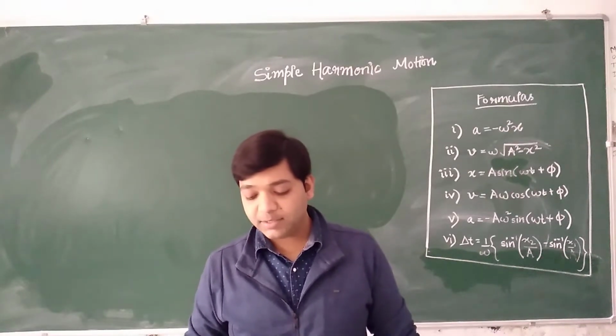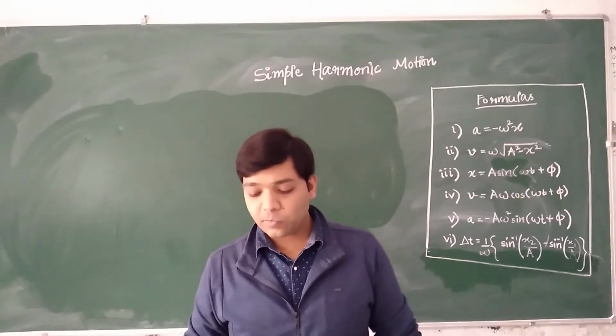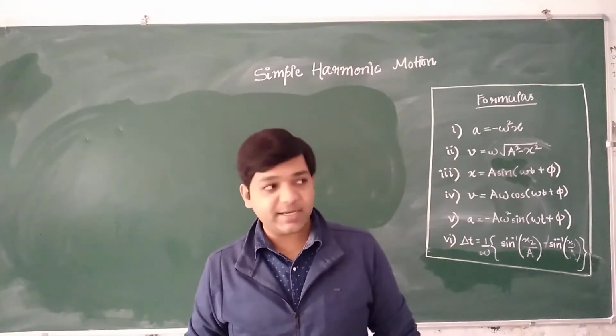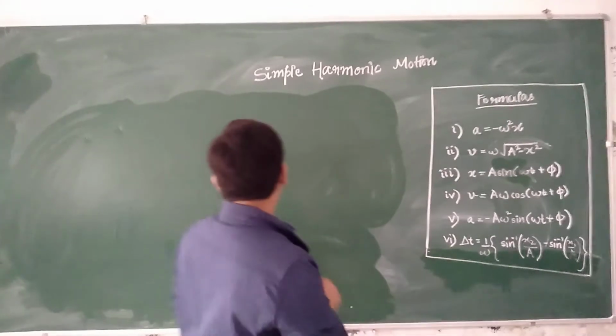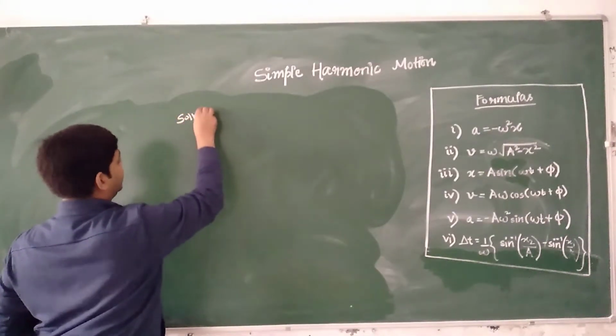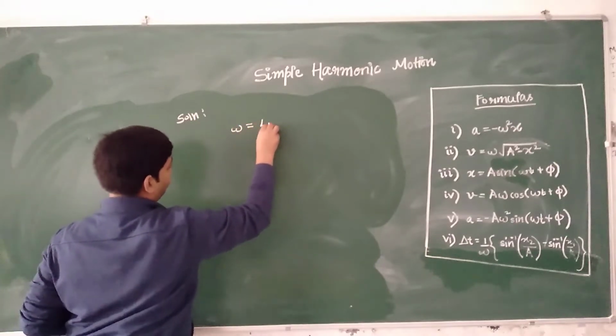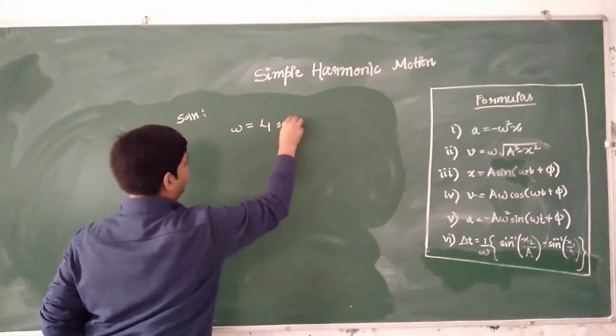The oscillation frequency is omega is equal to 4 second inverse. So the value of omega is given as 4 second inverse.